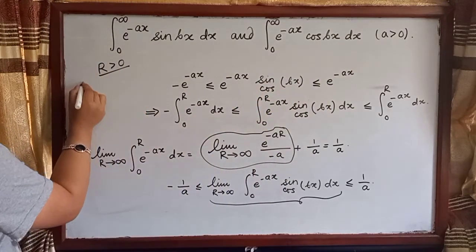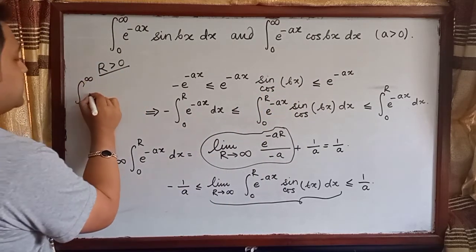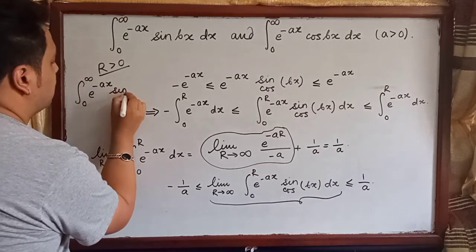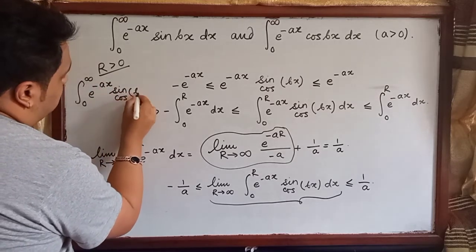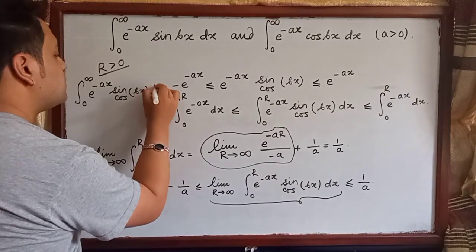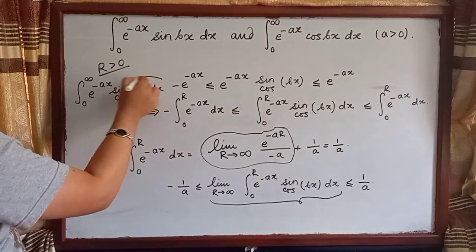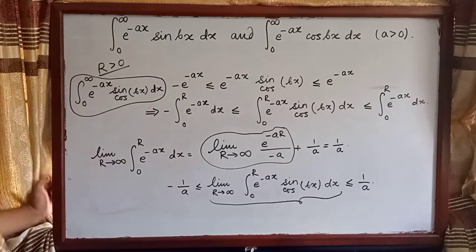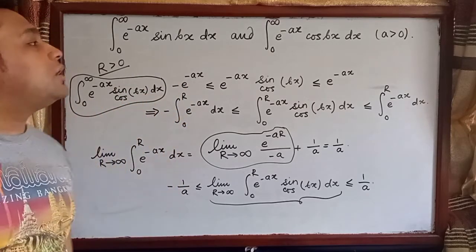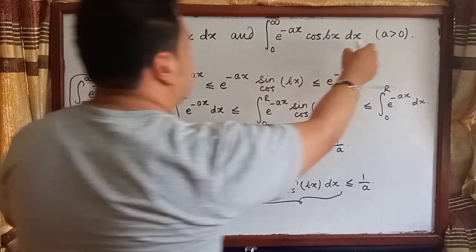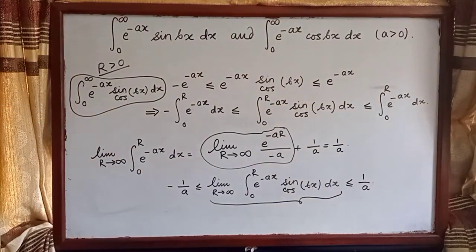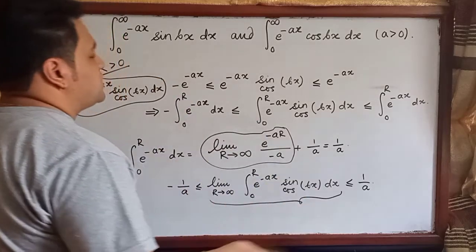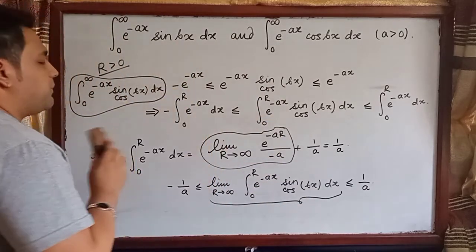That is to say, the integrals from 0 to infinity of e to the power minus ax times sine or cos bx, represented by this notation, are convergent, meaning these two integrals are convergent. So it is possible to evaluate these improper integrals.